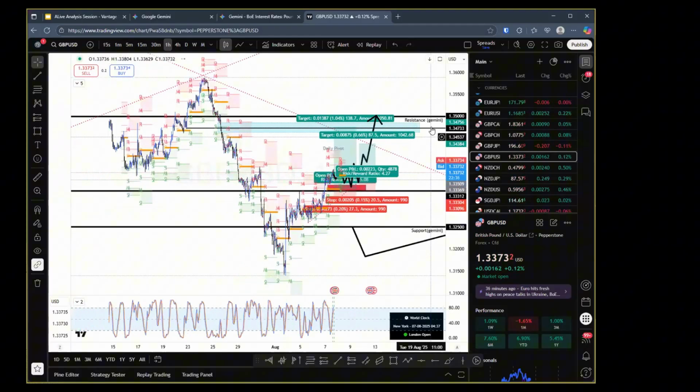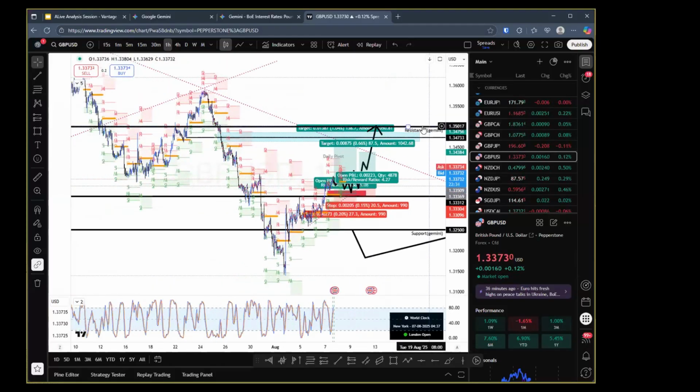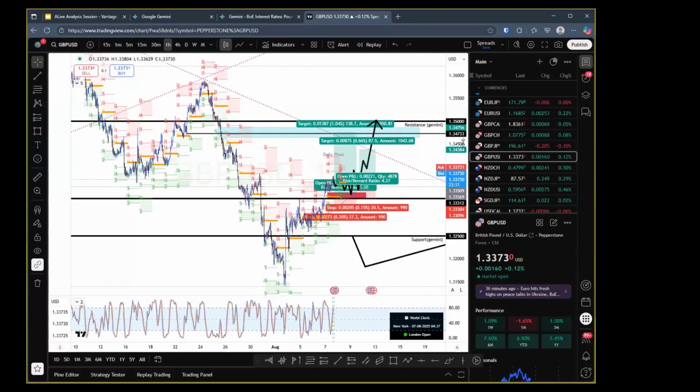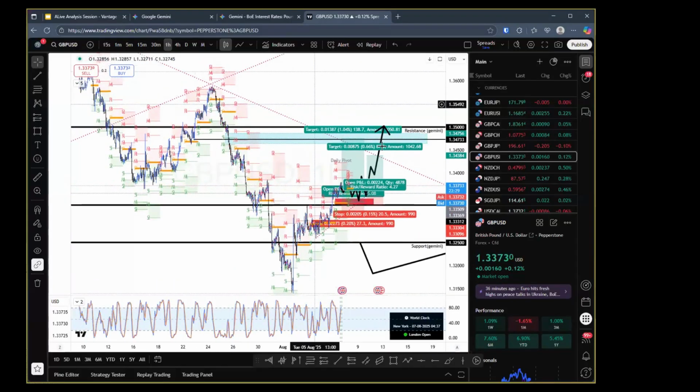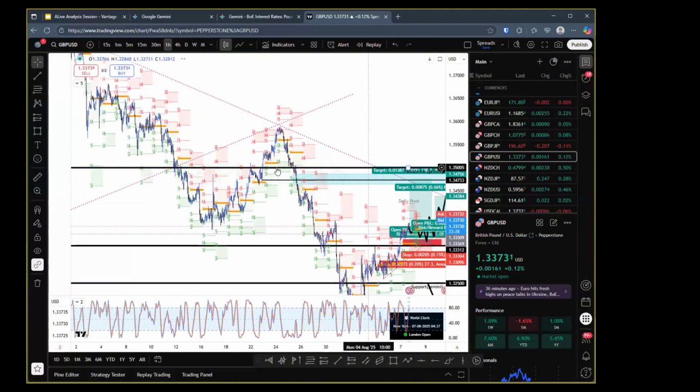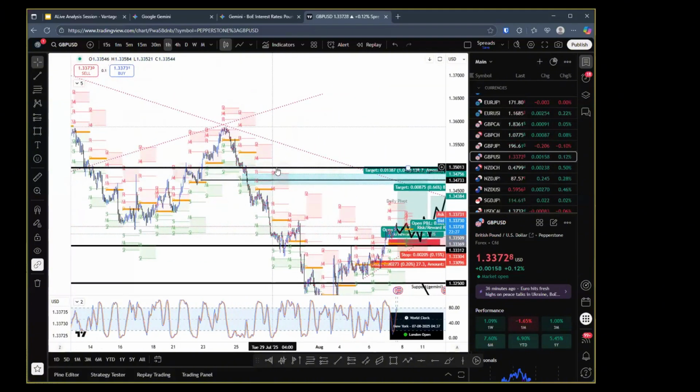As you can see, the 1.350 resistance. Again, you can do all of this in Gemini. You can ask Gemini how it defines a support or resistance, and it will give you the information.